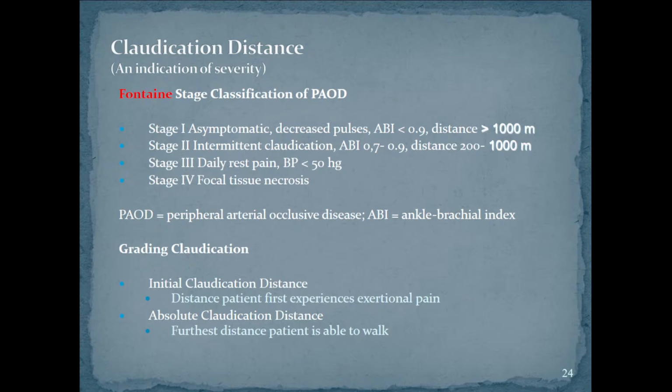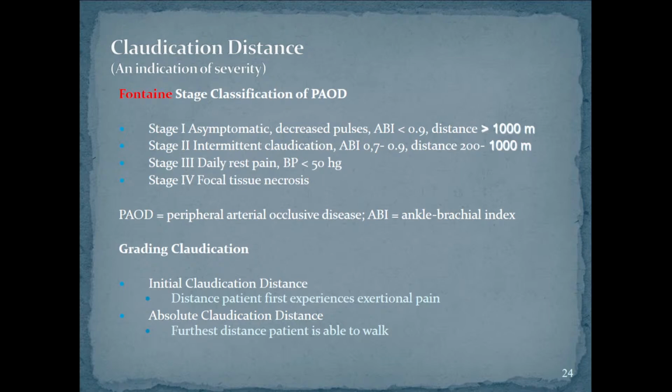Stage 1, asymptomatic PAOD, decreased pulse, ABI less than 0.9, distance more than 1000 meters, so 1 kilometer is a rather big distance. Stage 2, intermittent claudication, ABI is about 0.7 to 0.9, distance is about from 200 to 1000 meters.